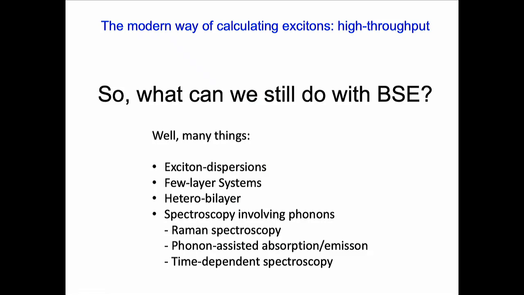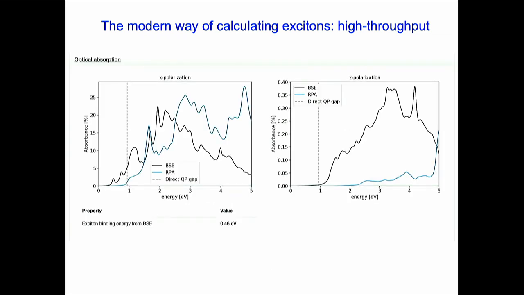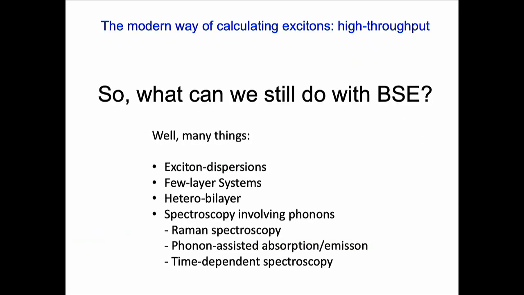There are many, many things still to be done with the Bethe-Salpeter equation. We are really just at the beginning, mastering the static Bethe-Salpeter equation, reproducing calculations that have been done. It's an important first step for you. Going beyond is then something that you can do in your PhD.